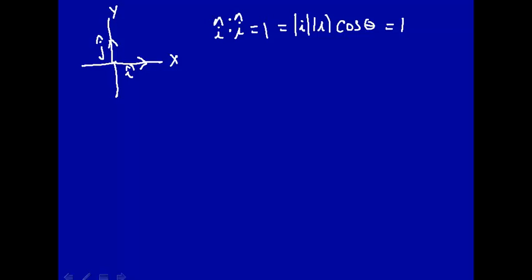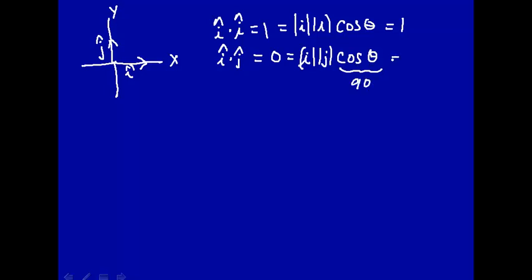And if we define the dot product as this, then i dotted into j, so we're doing the inner product, that's equal to 0, because the length of i times the length of j is 1 times 1, but the cosine of the angle between them, this is 90 degrees.